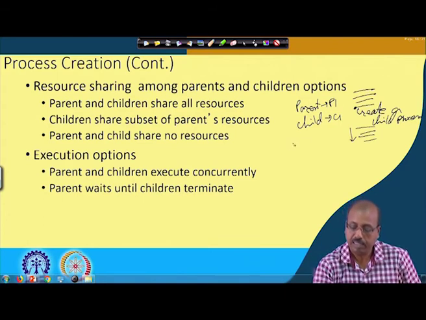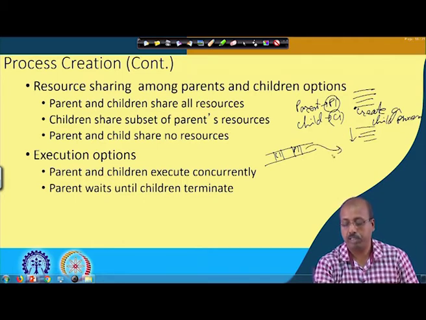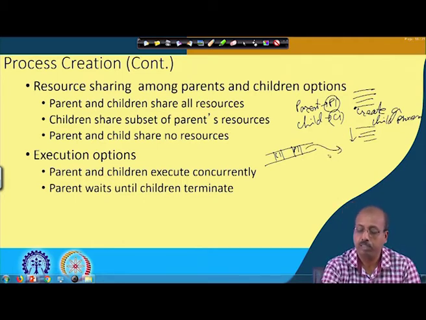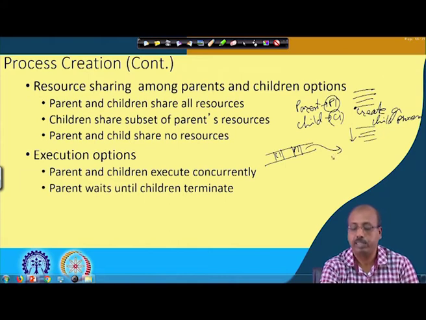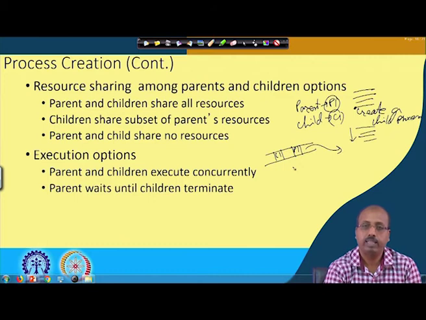Now, as far as this system is concerned, there may be different options. P1 may continue parallelly with C1. Like in the ready queue that I have, I may have the entry for P1 as well as the entry for C1, and whichever process is scheduled by the short term scheduler will get a chance for execution. So, P1 or C1 may execute, and that execution may be mixed up also.